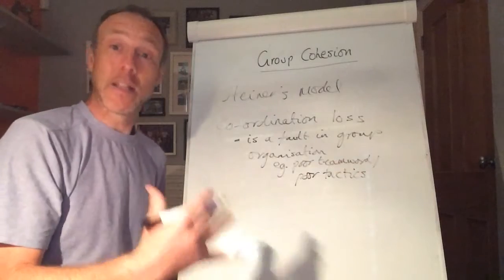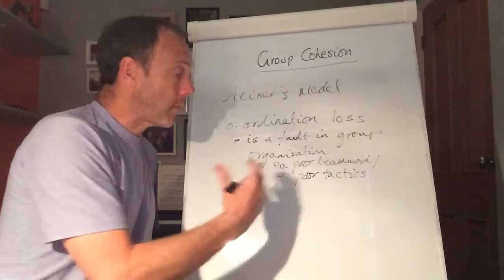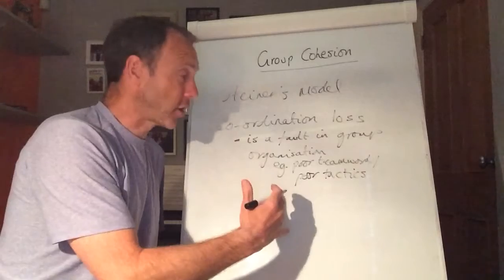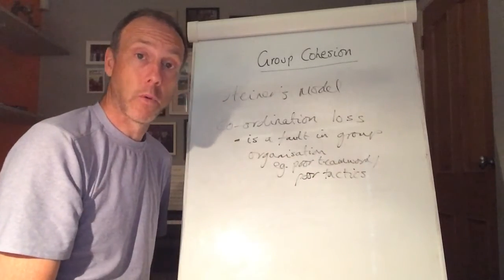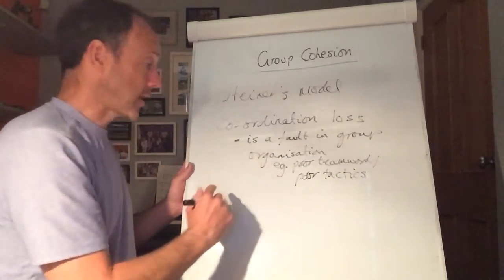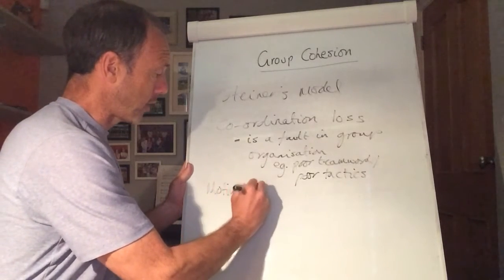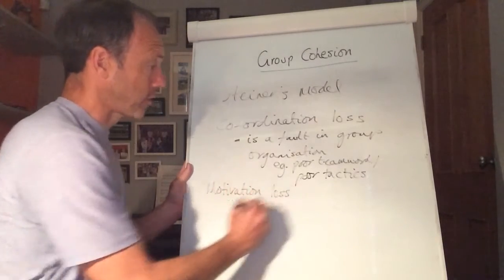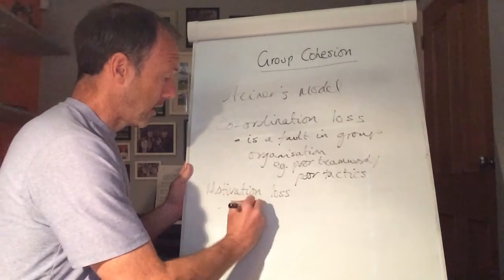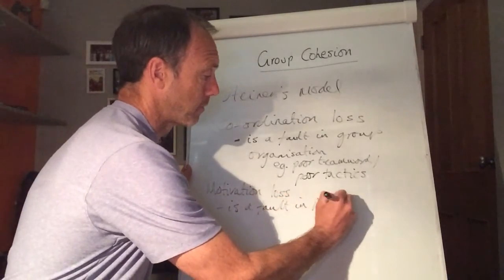And that might be that the tactics are poor, or that the tactics haven't been well explained, or that the tactics aren't being well executed, which fits back into the poor teamwork. So that's one faulty process. The second one is known as a motivation loss. And that is a fault in personal approach.